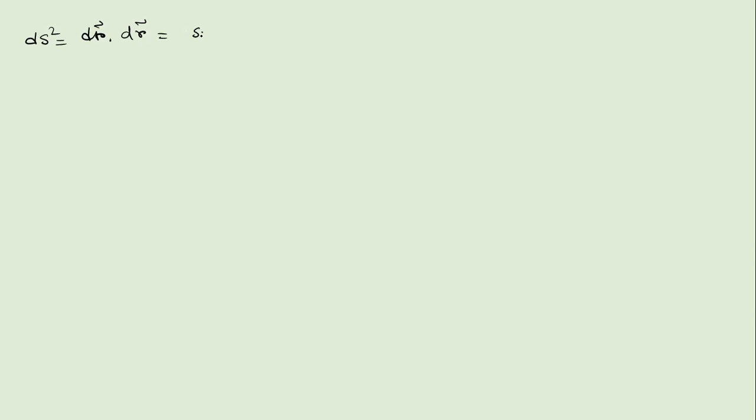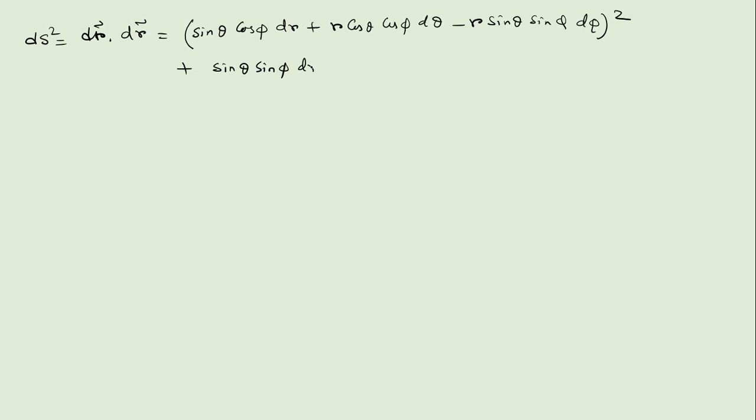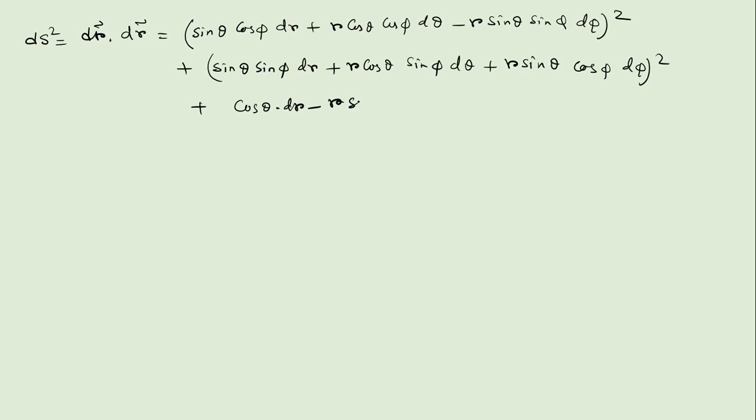Okay, so this is nothing but (sin theta cos phi dr plus r cos theta cos phi d theta minus r sin theta sin phi d phi) whole square, plus (sin theta sin phi dr plus r cos theta sin phi d theta plus r sin theta cos phi d phi) whole square, and the third one is (cos theta dr minus r sin theta d theta) whole square.